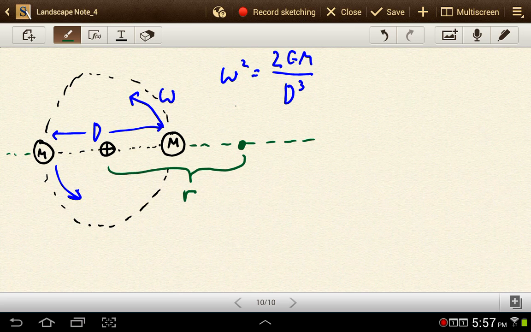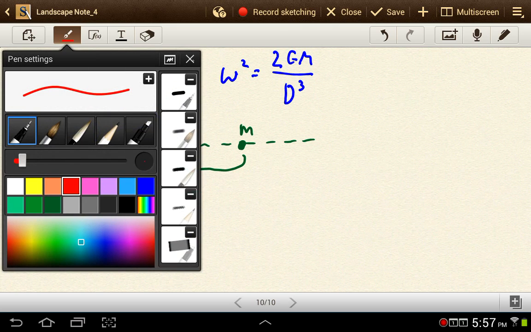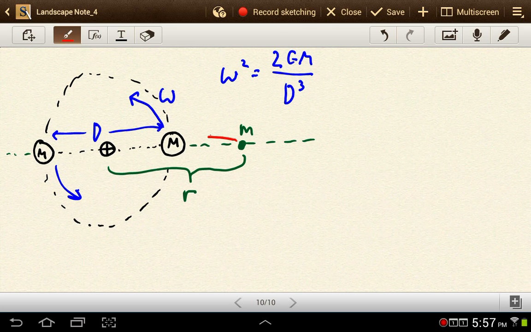So you place your mass, little m, there, and the combined gravitational pull of the two stars, which I'm going to label 1 and 2, matters. Star 1 exerts a force on m, and star 2 exerts a force on m, and the total force exerted by both stars has to be enough to make little m orbit with the same omega.